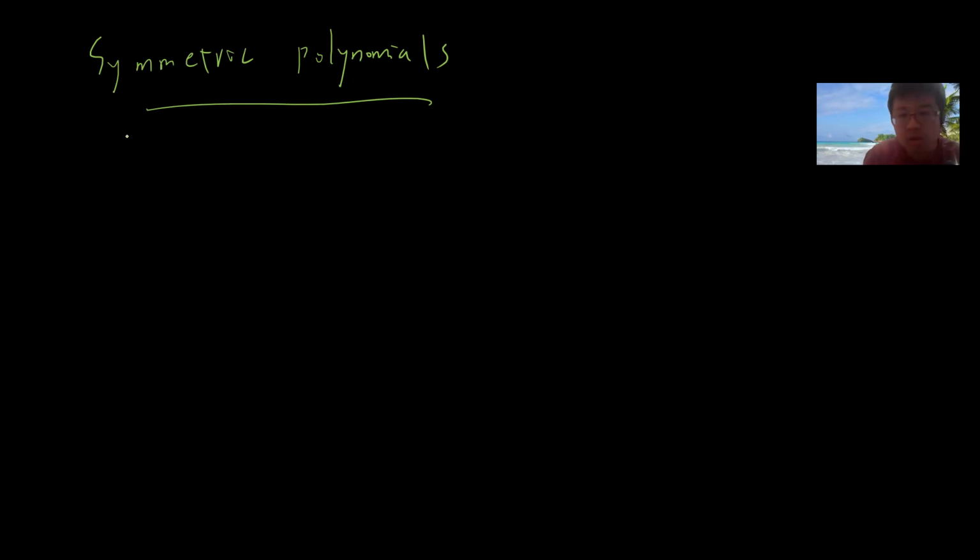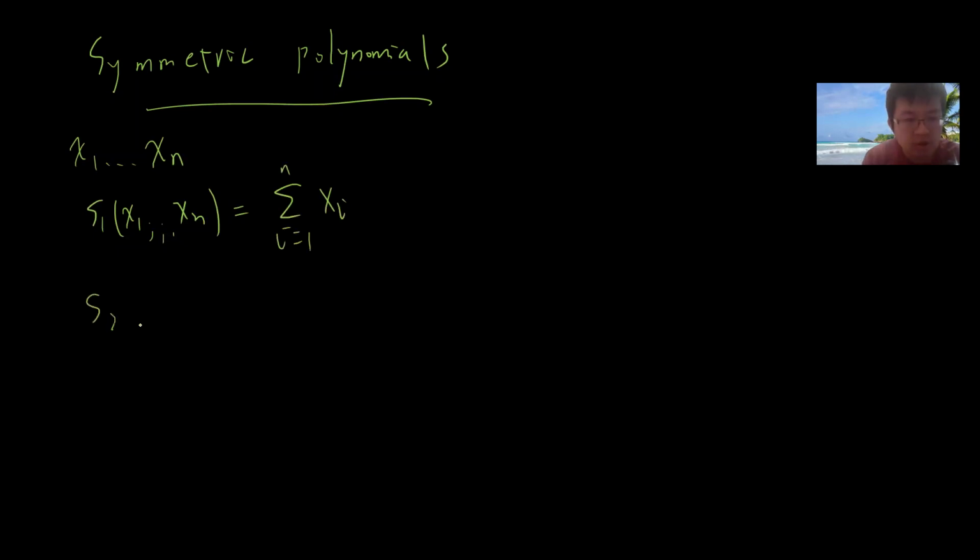Okay, so imagine that you have x1 up to xn, and you can define s1(x1, ..., xn), which is the first symmetric polynomial, the summation of xi, i from 1 to n. And you can define s2(x1, ..., xn), which is the summation of xi xj with i less than j.